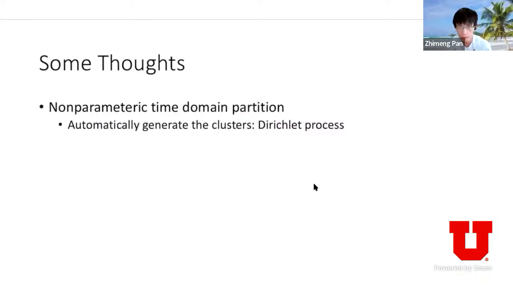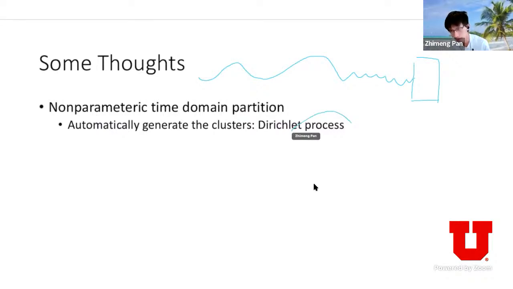Or it might be more clear like this. If we are given such a time series data, and we want to predict this part, maybe we could use several layers of functions here, because the function values change drastically in this area.